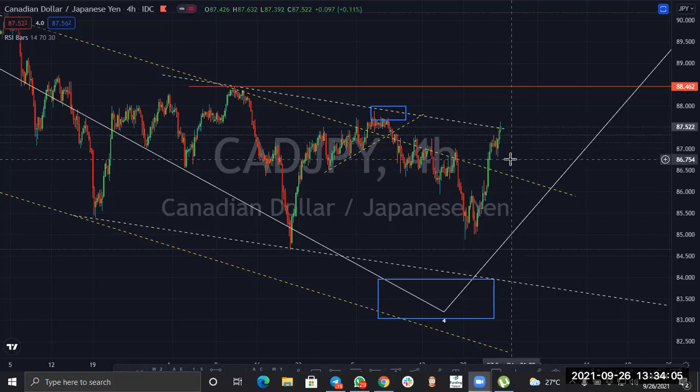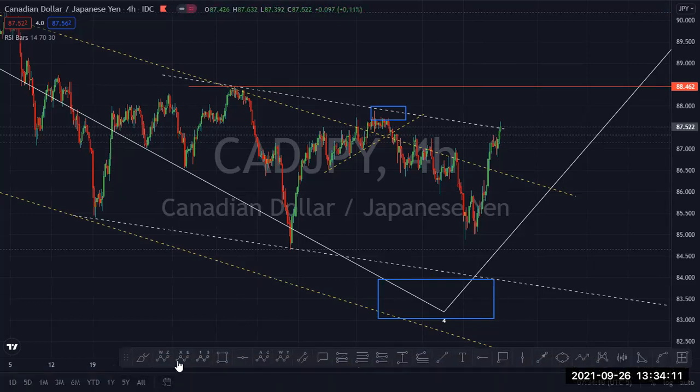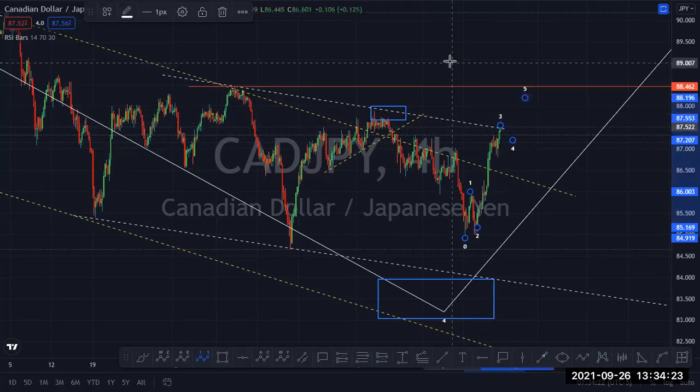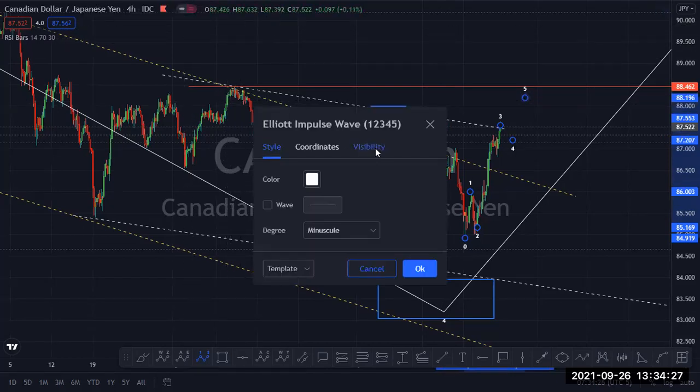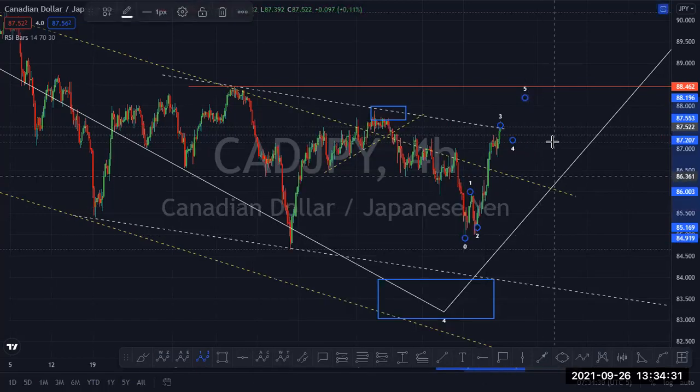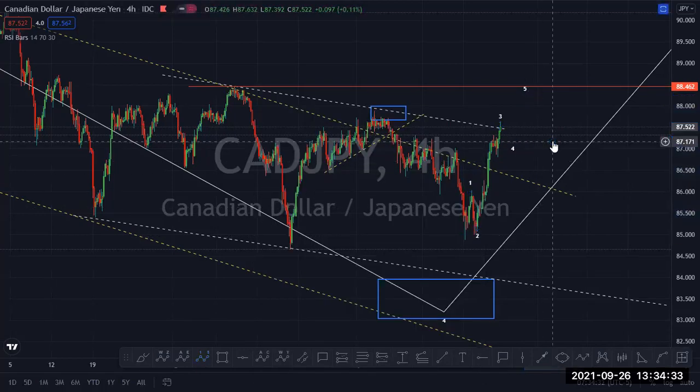Or let us even see it on 1 hour, because to me this is how 5 waves move. So 1, 2, 3, maybe 4 somewhere, and the 5. So let us see 1 hour to make a better decision.